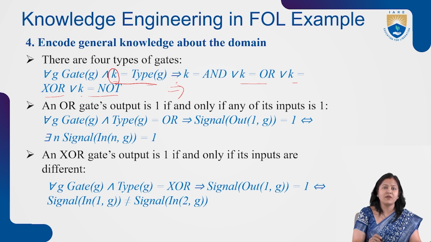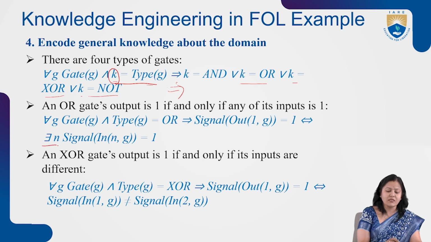Suppose any specific gate is given, then we have to define it based upon the input and output. Next one: an OR gate's output is 1 if and only if any of its inputs is 1. How can we write that any of the inputs is 1? Any means there exists. There exists a signal; the signal from the gate can be 1, this is the output part. If and only if means the double implication.